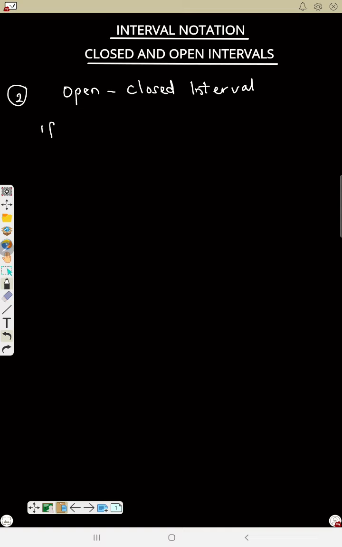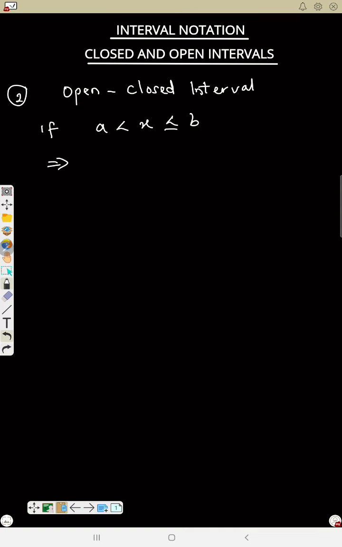Now if a is less than x, so it is open, and x is less than or equal to b, that means it's closed. So if you have ordinary less than without equals to, it is open; less than or equal to is closed. Now how can you represent this?